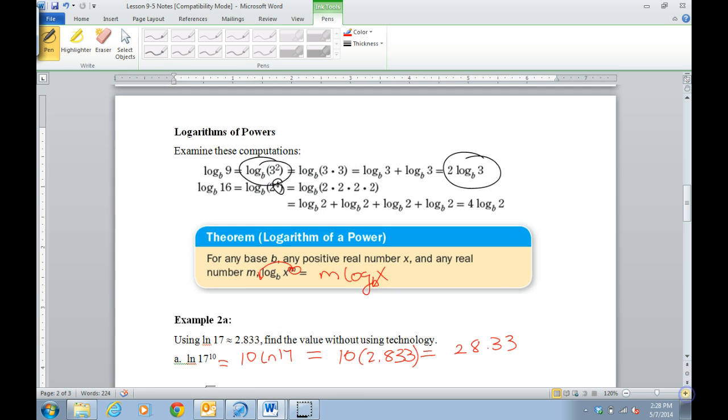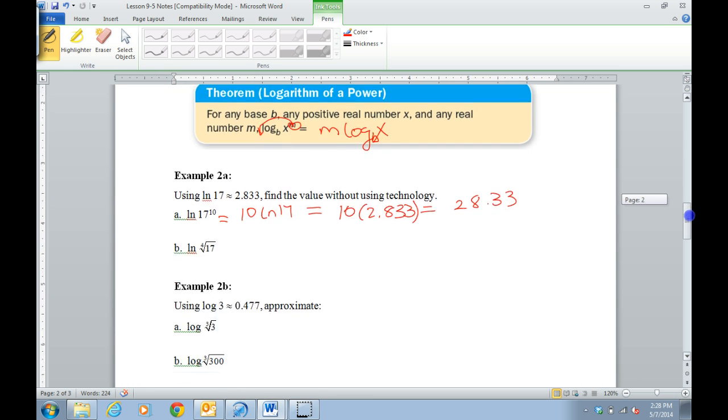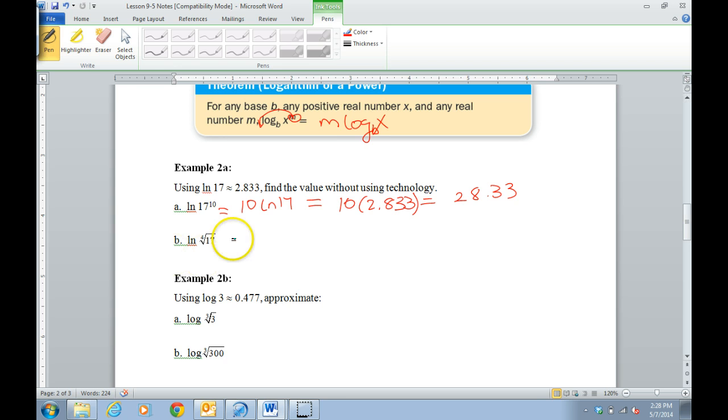All right, I'm going to make this a little bigger. It's kind of small. All right, so this one, natural log of the 4th root of 17. Now, I can write this as ln 17 to the 1/4, correct? That's the same thing. Yes. All right, so now what can I do with that? Take 1/4. Yep.